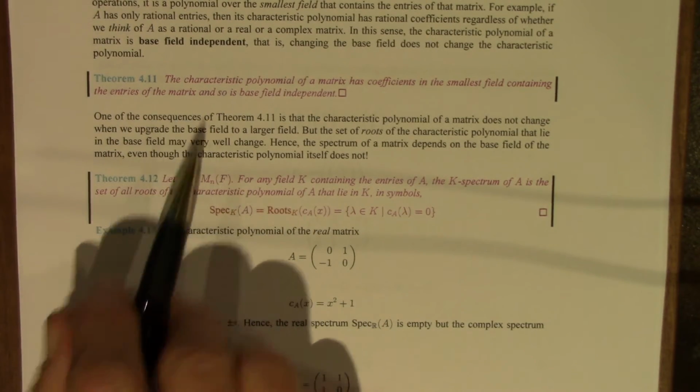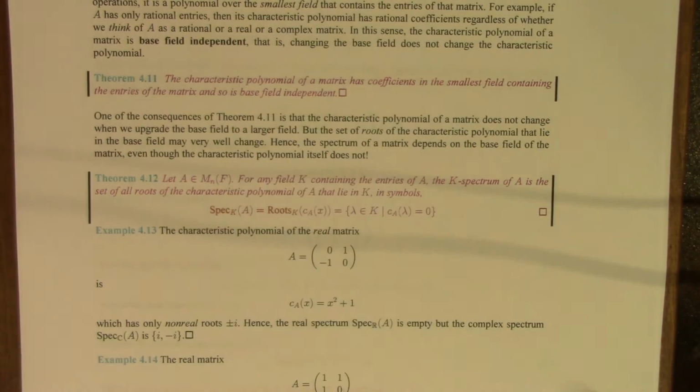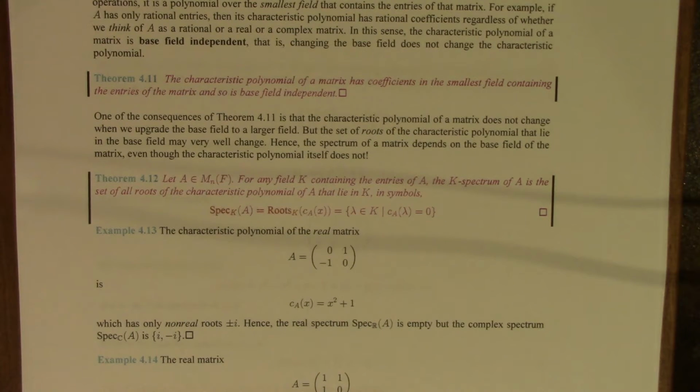One of the consequences of this fact is that the spectrum of a matrix, which, as we will see, are the roots of the characteristic polynomial that lie in the base field, will depend on the choice of base field, even though the characteristic polynomial does not.